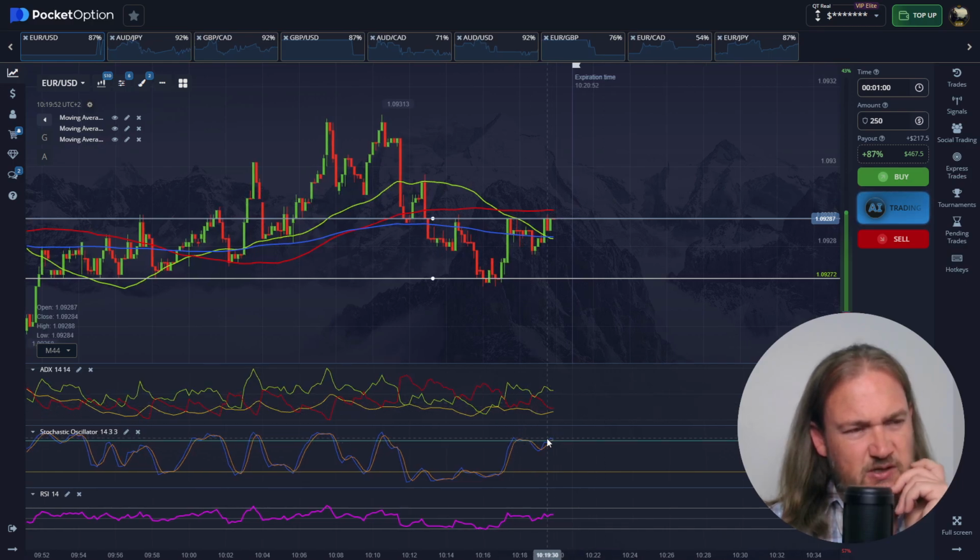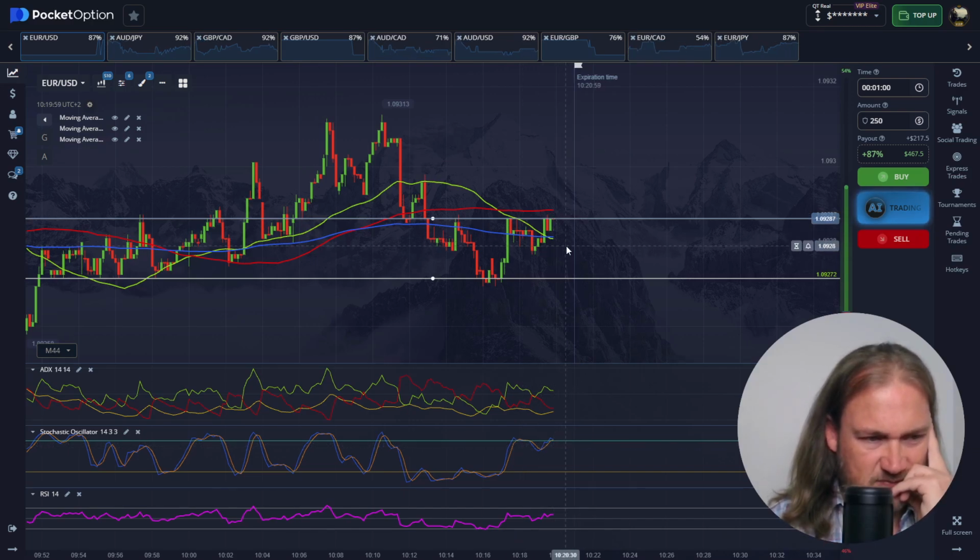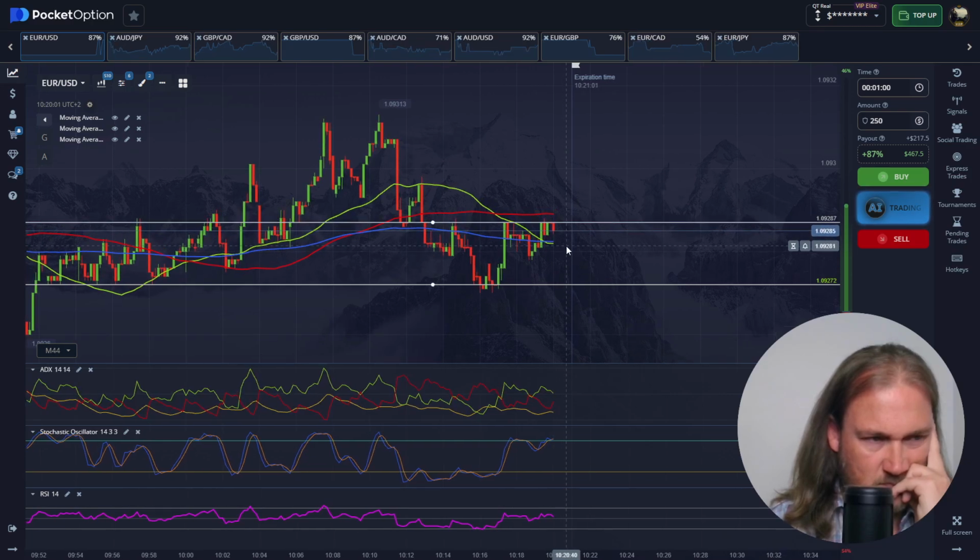Again, it's kind of forming bearish divergence here, but I'm not going to take it. This could pop either way at any second.